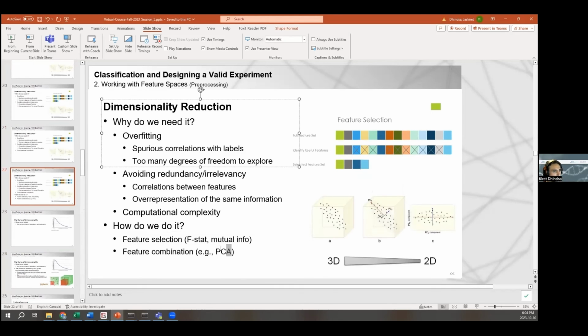PCA you can do unsupervised, and LDA you would do supervised to also take feature combinations and shrink the dimensionality of the space, and then use a second method to actually do the classification or the regression analysis after that. Yep, it's exactly correct. And sometimes this is actually done in practice.